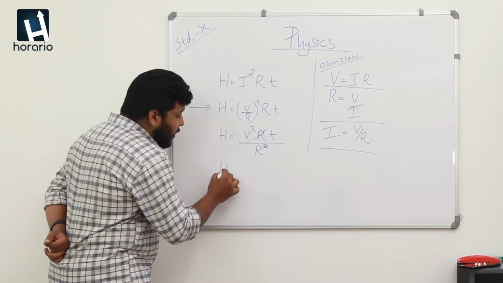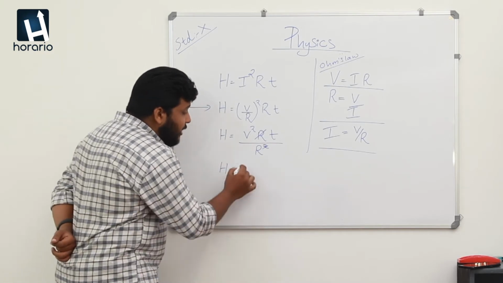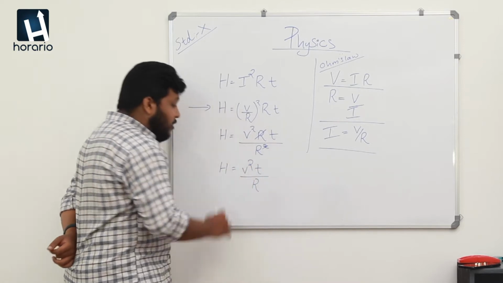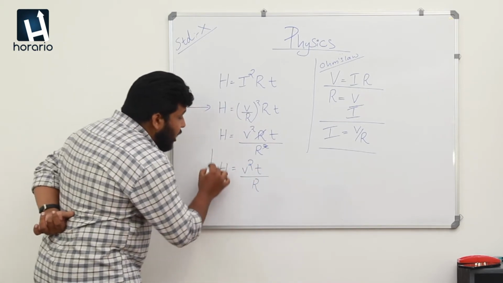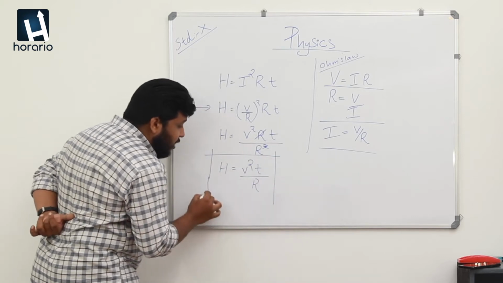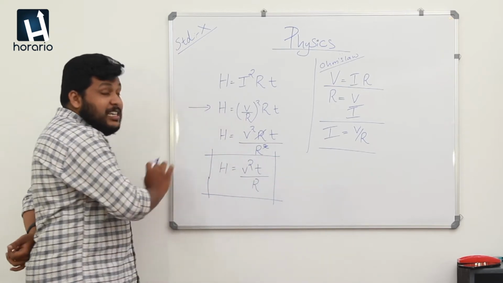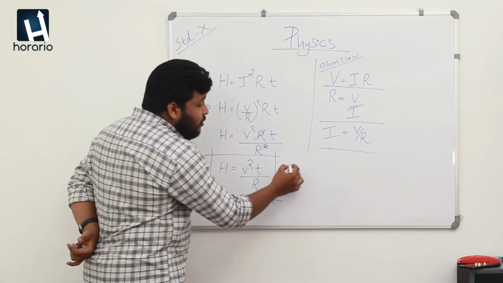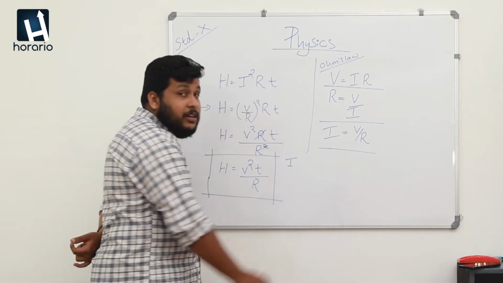So this will be in a simplified form like V square T by R, which means we can use this equation for finding heat energy. In which condition? In a condition where I is not given.